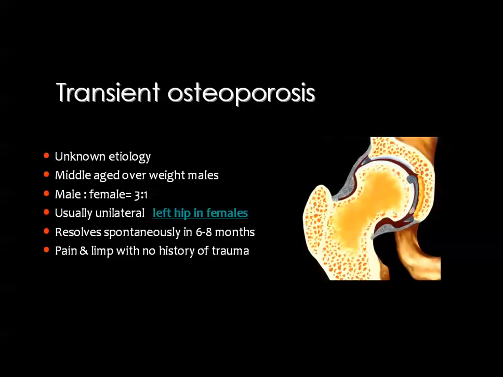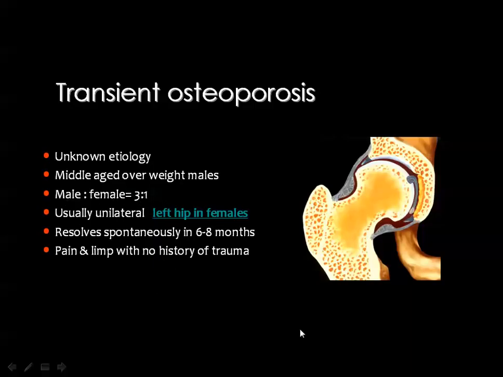Then we come to the second issue, which is migratory osteoporosis or transient osteoporosis. This disease is of unknown etiology. It affects middle-aged males, more commonly, of course, than females, who are usually overweight, and this is the male to female incidence.